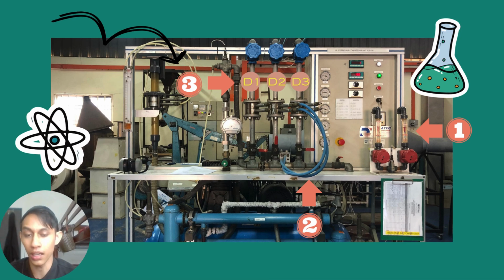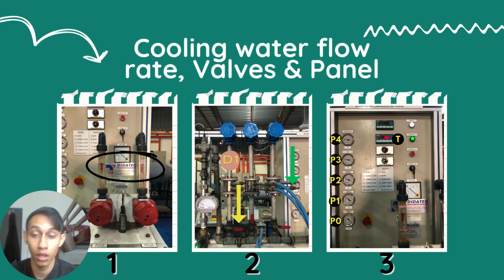Now that we know most of the important parts, let's get into it. First, it was made sure the cooling water flow rate was up to 100 L/h, or liters per hour, as you can see in the circle in the first picture.